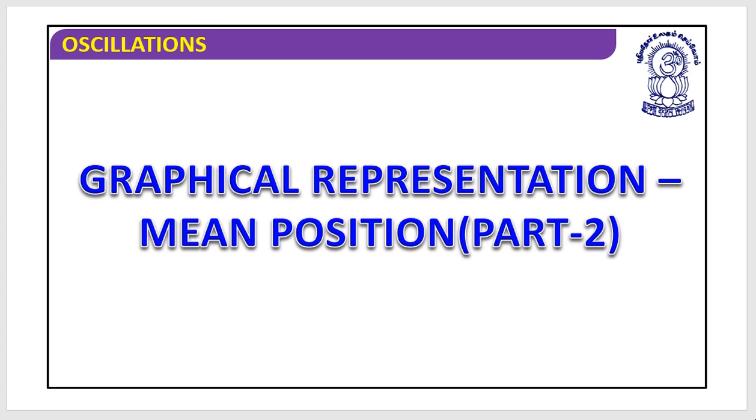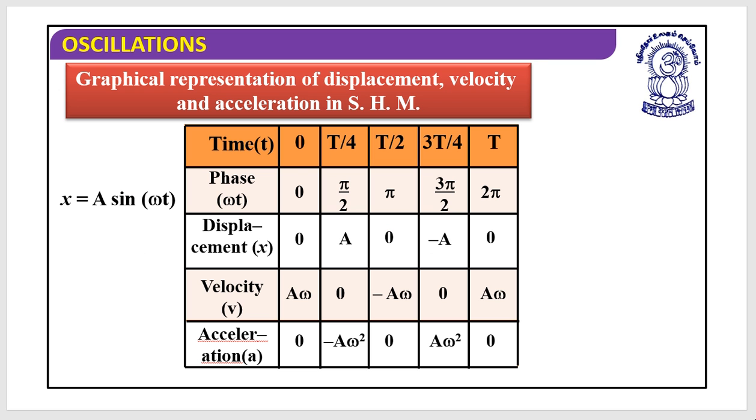Great. So now let's understand the graphical representation when the particle has started from the mean position, part 2. This was our table, derived from the relation x equals a sine omega t, where omega t is 2 pi by T multiplied by small t.